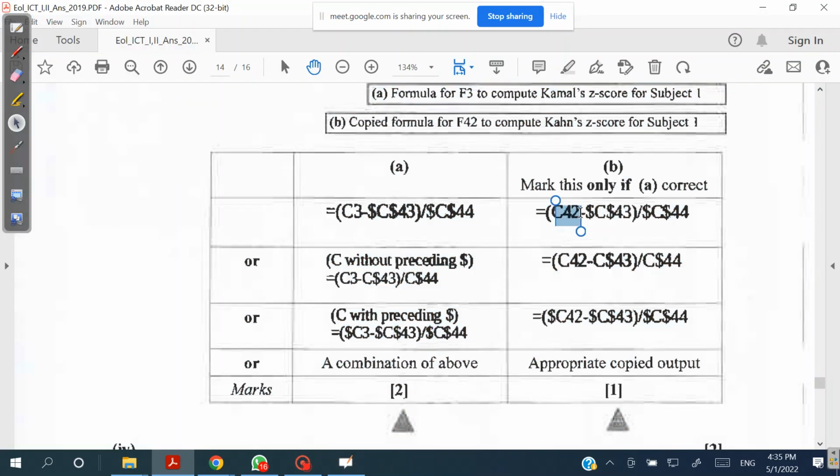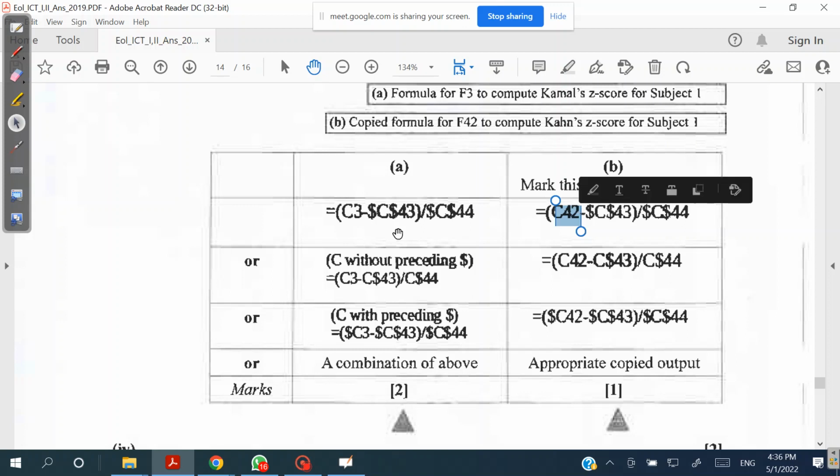So here comes the equation: C42 minus $C$43 divided by $C$44. Right, because $C$43 and $C$44 are never going to change. It's only the C42 part, that C3 is changed accordingly into the C42.